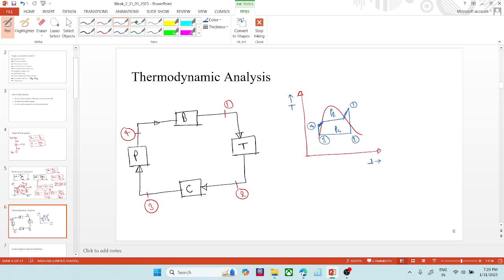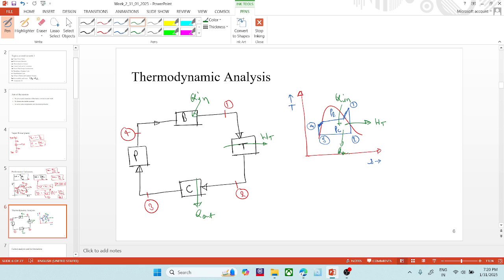The work which we get in the turbine is the turbine work output WT. This work we can also show here, WT, and in the boiler, we are supplying the heat, Q in. In the condenser, some heat is rejected, we will say Q out or QR.